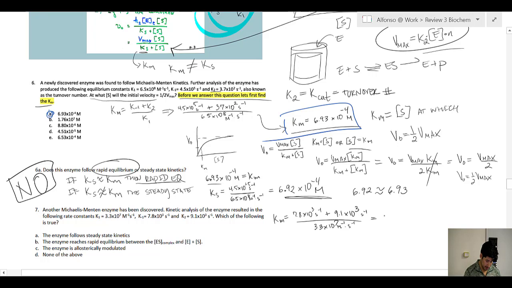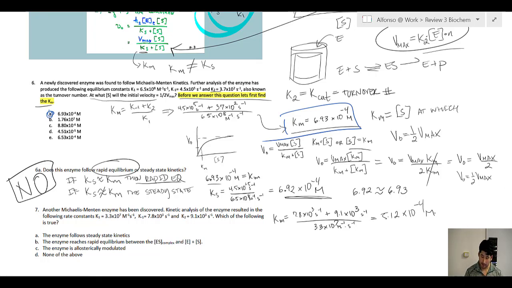So what number is that? 7.8 times 10 to the third plus 9.1 times 10 to the third over 3.3 times 10 to the 7th. That should give you 5.12 times 10 to the negative 4th molar.